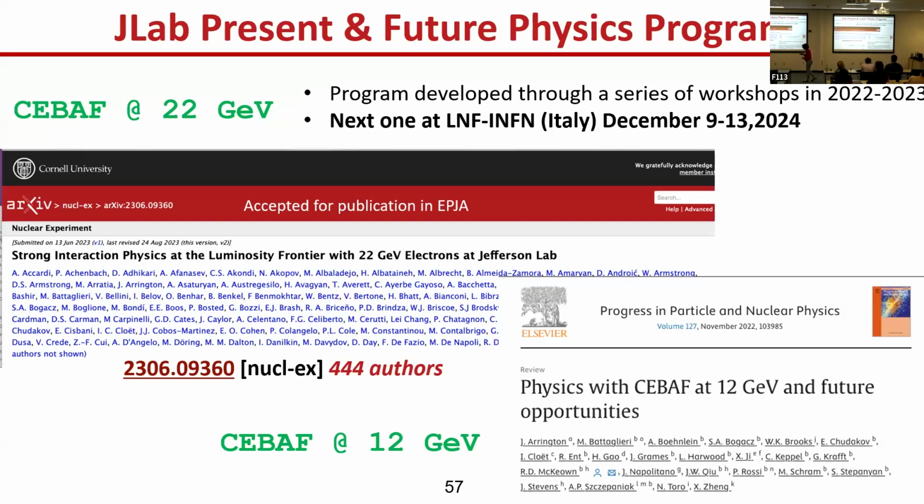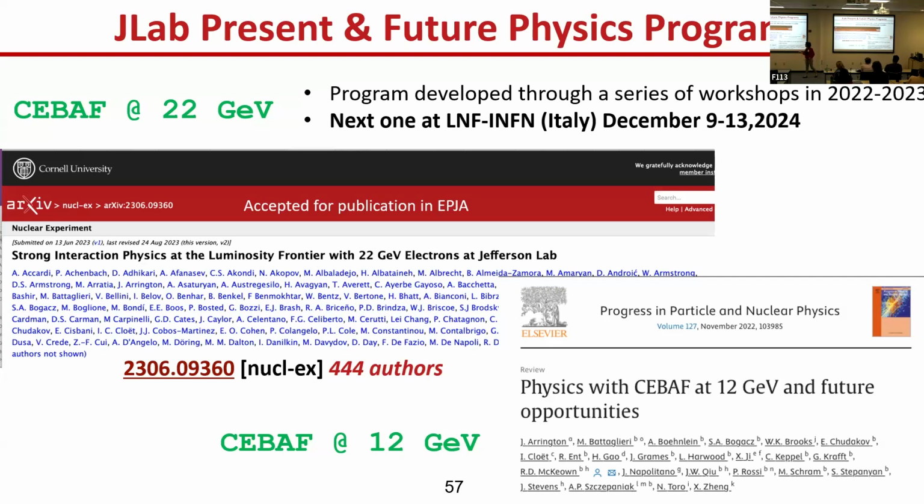And the whole program for the 22 GeV has been published in the arXiv and soon in EPJA: CEBAF at 22 GeV, strong interaction physics at the luminosity frontier with 22 GeV electrons at Jefferson Lab.